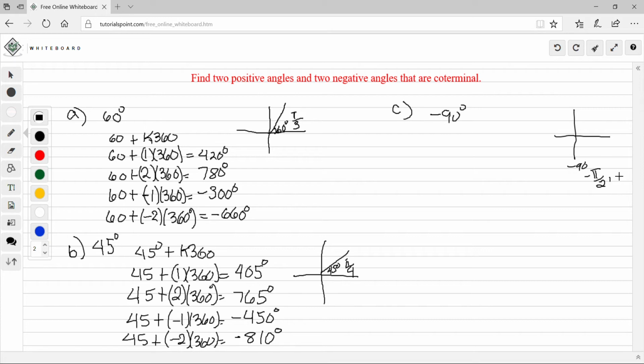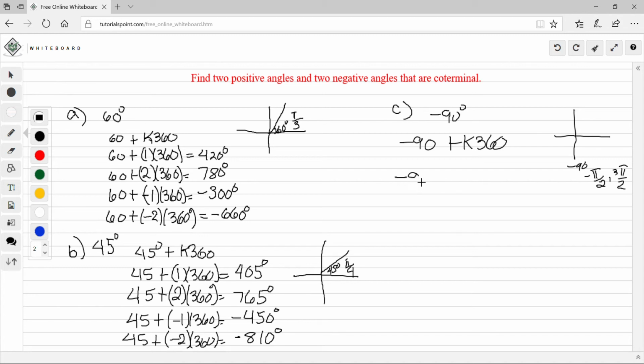They're the same thing. So we need two positives and two negatives. The formula is negative 90 plus k times 360.